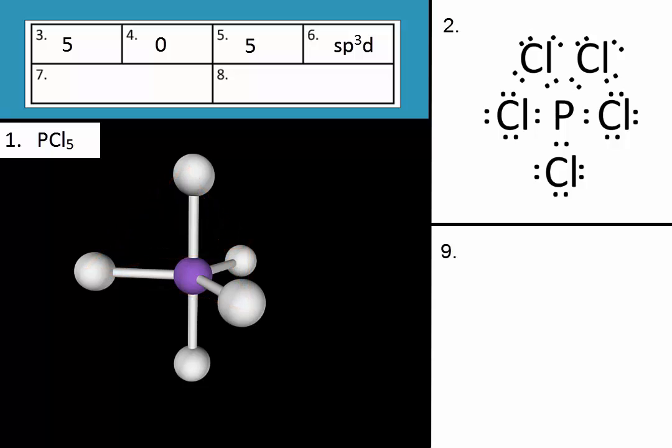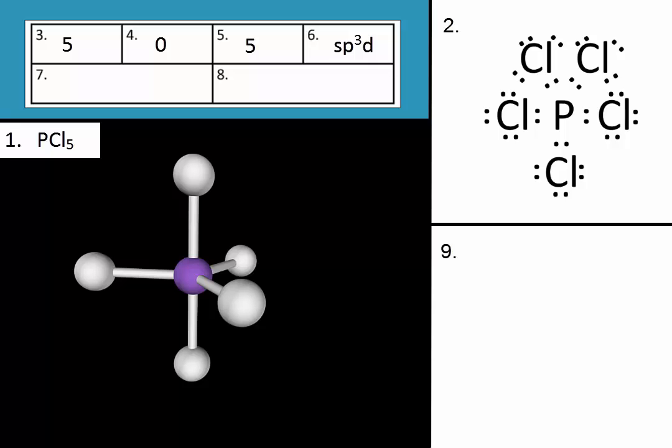This pyramid has a triangular base. Notice though that if I use the bottom atom instead, we can create a second pyramid with the same base, only it's upside down.